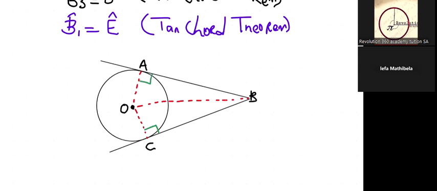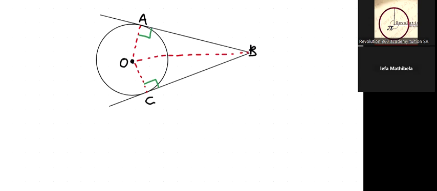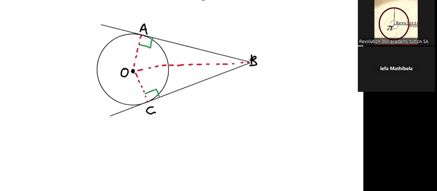Here you're gonna say, as you're writing it properly, angle OCB is equal to 90 degrees. The reason is radius perpendicular to the tangent.